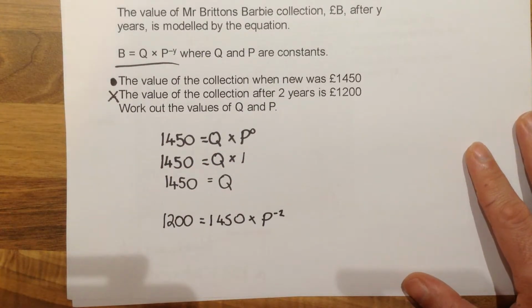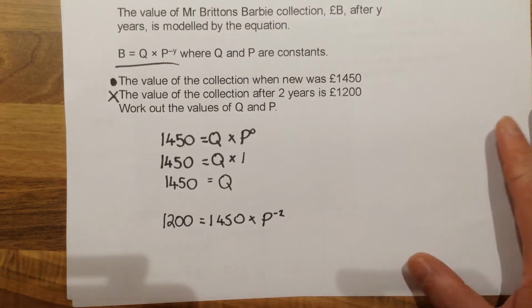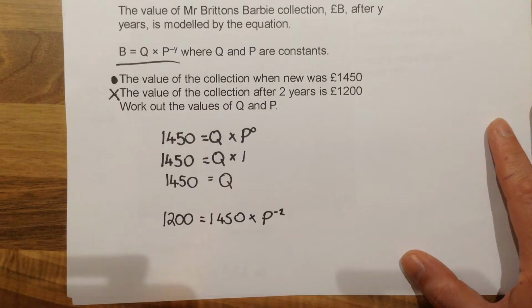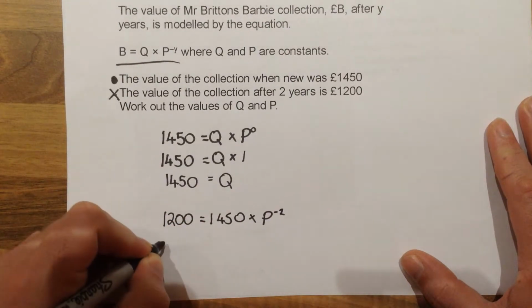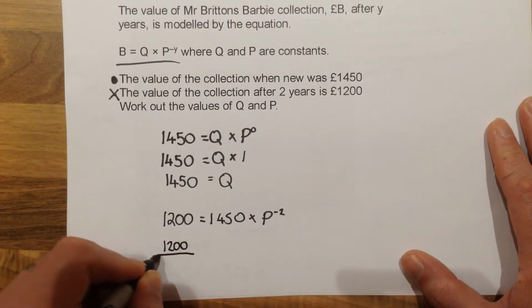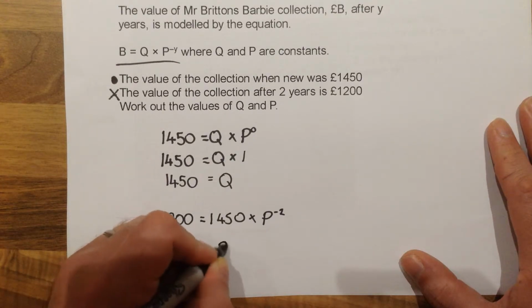What I now want to do is make P the subject of this formula. So at this point, I would need to try and divide by 1,450. So if I do that to both sides, I get 1,200 over 1,450 is equal to P to the power of minus 2.